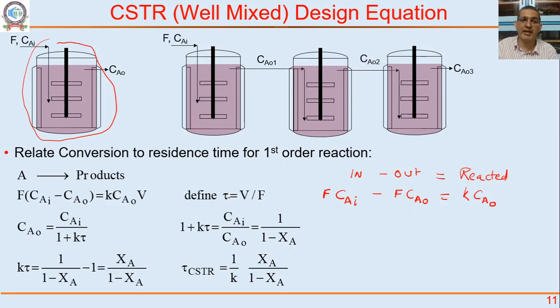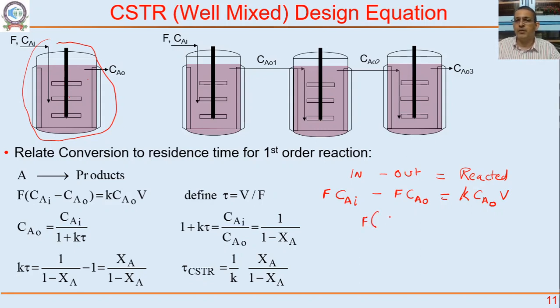Now it is well mixed. Well mixed, concentration everywhere inside the reactor is the same. So this is the rate of reaction per unit volume multiplied by V, which will tell you how many kilomoles are reacting per unit time, or the rate at which A is disappearing, right? And then if you rearrange, you will get flow rate.